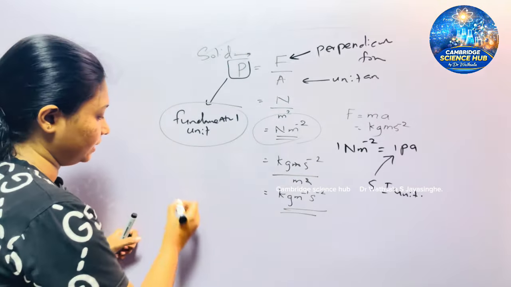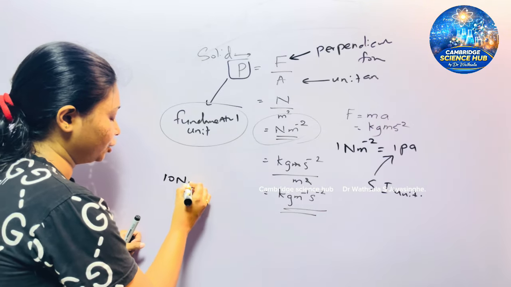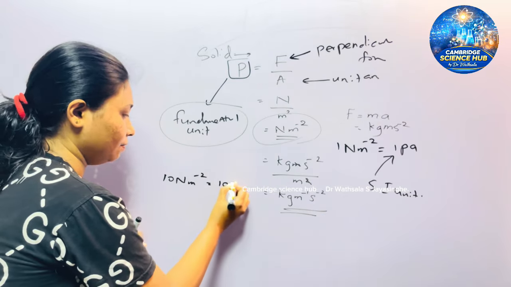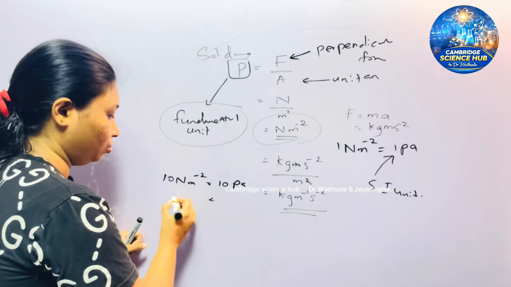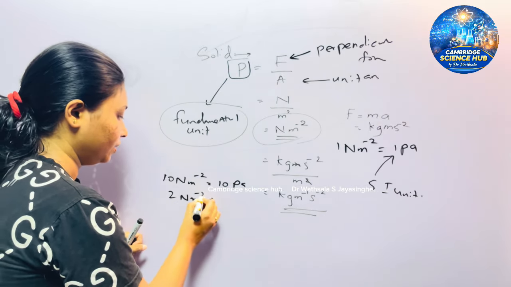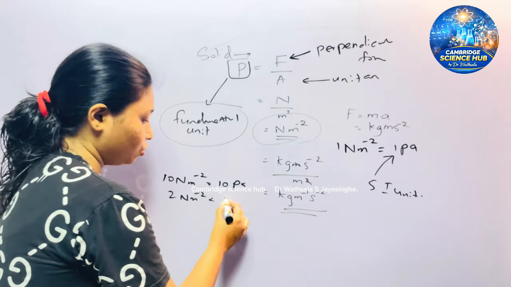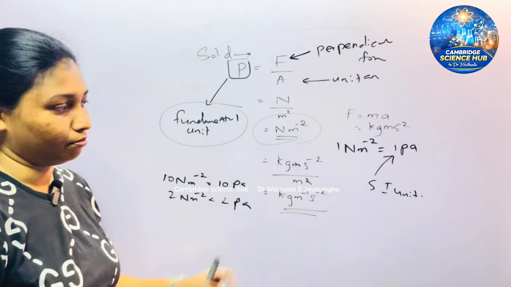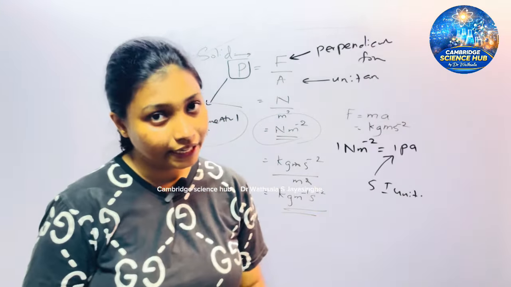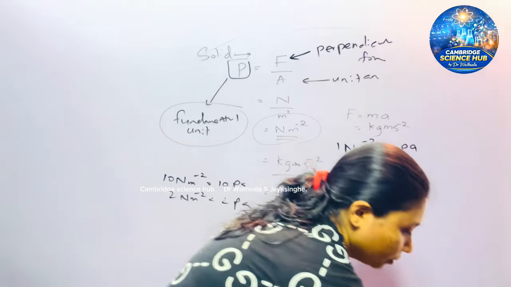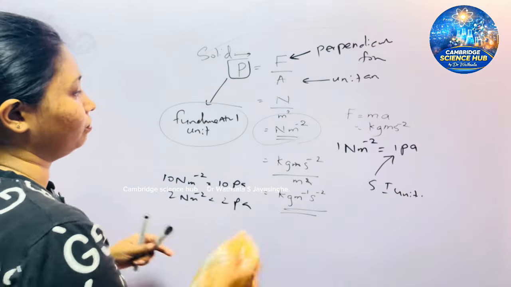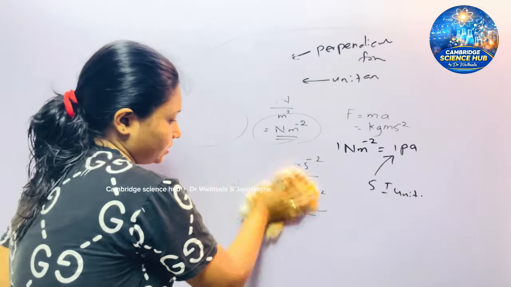As an example, 10 N m^-2 is equal to 10 Pascal. So 2 N m^-2 is equal to 2 Pascal. Likewise, keep in mind 1 is equal to 1 here. That also you have to keep in mind, then only it will be easy to make calculations later.